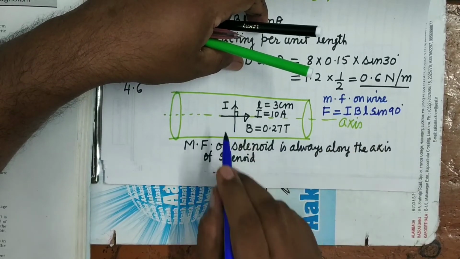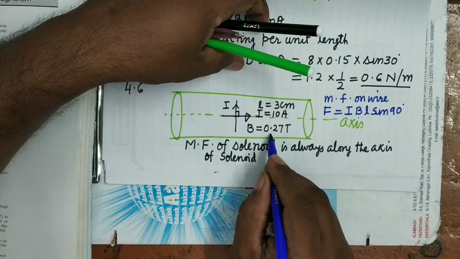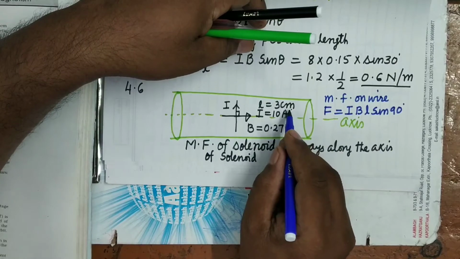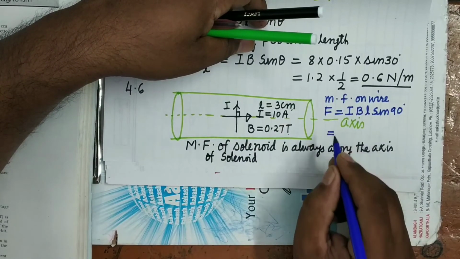I is given as 10 ampere, B is given as 0.27 Tesla, L is given as 3 centimeter, that is 3 upon 100. Sin 90 is 1.